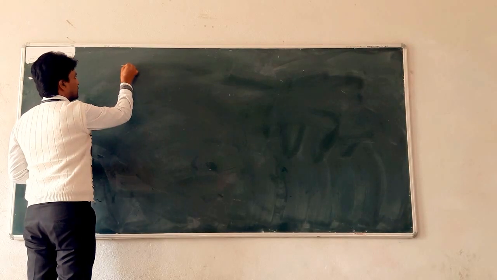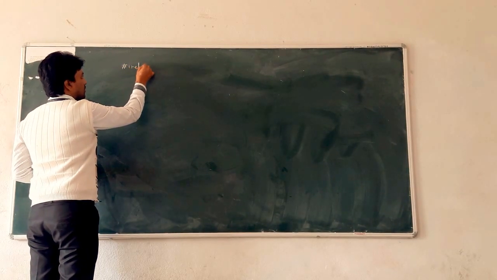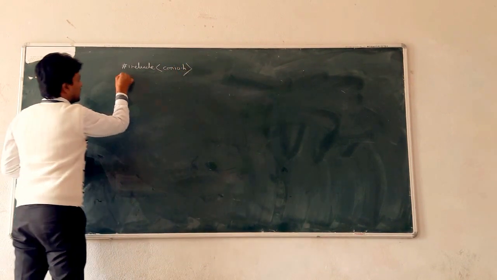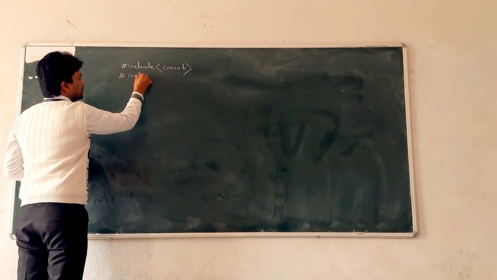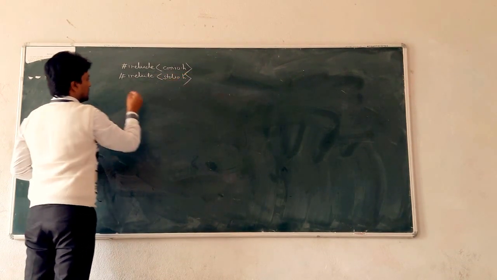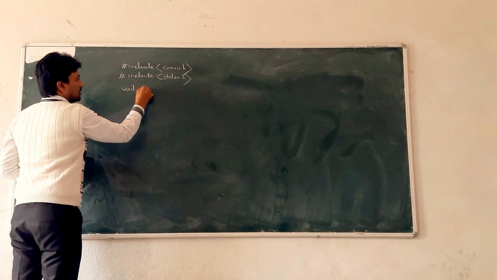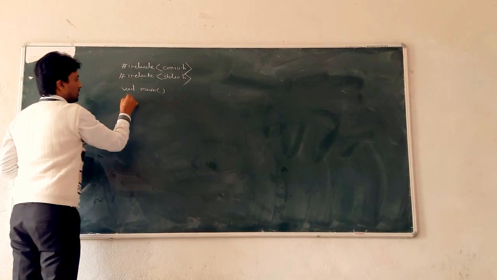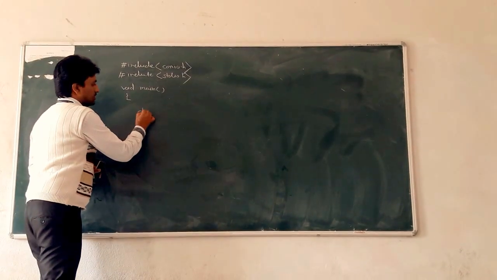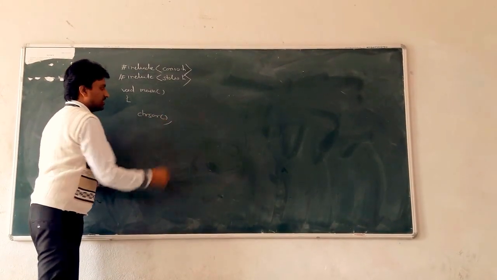Start with hash include conio.h, next hash include stdio.h, void main function. After that, clrscr, that is clear screen.